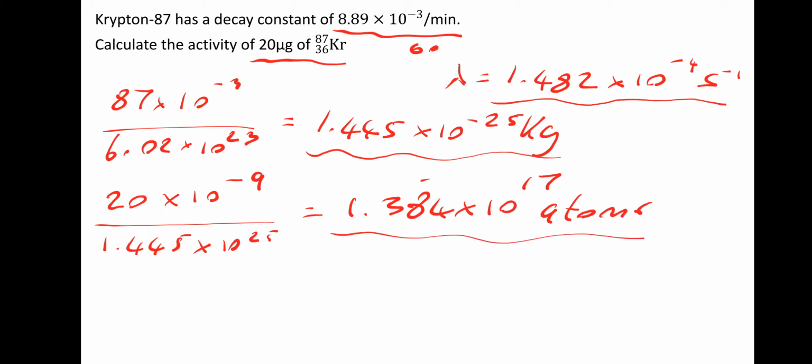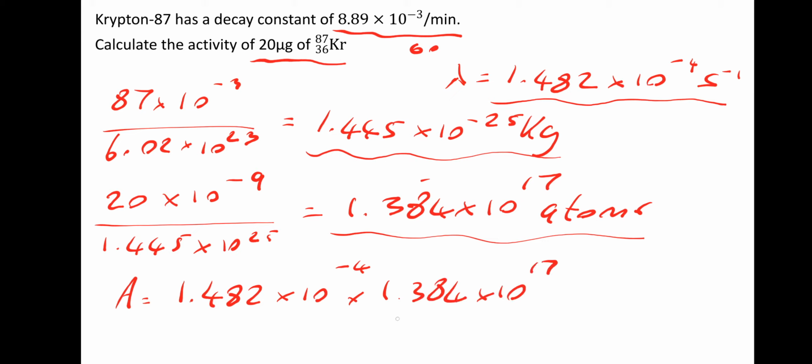Then we can simply use activity as lambda N. So we multiply the lambda and the N together. Activity is equal to 1.482 times 10 to the minus 4 multiplied by the number of atoms, 1.384 times 10 to the 17.